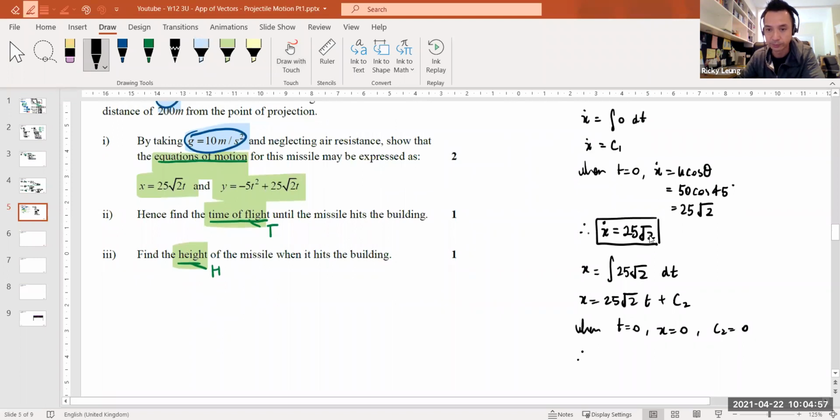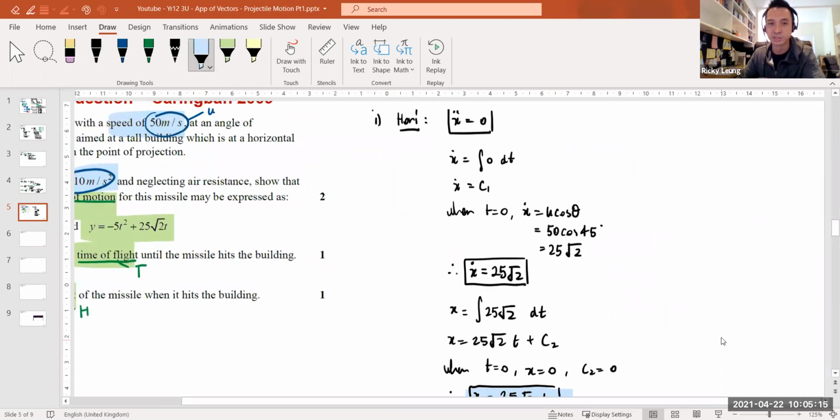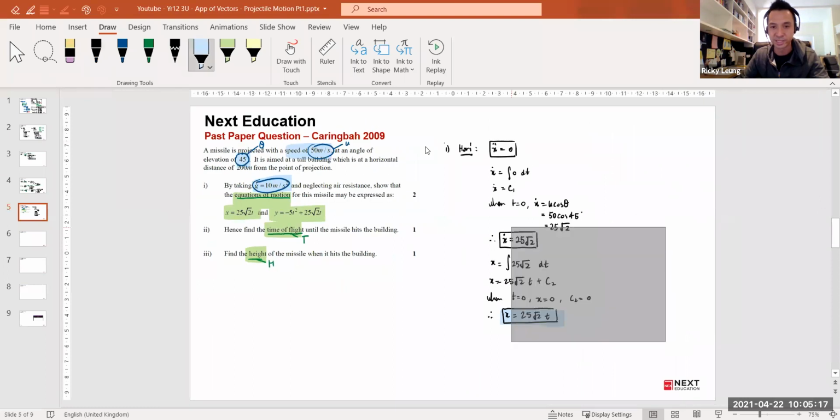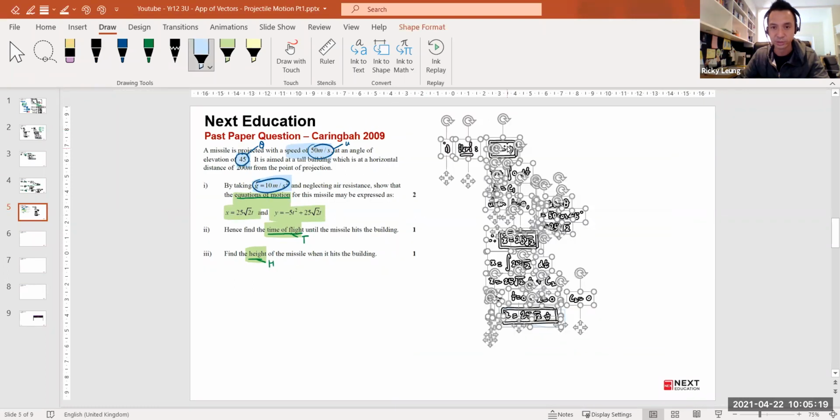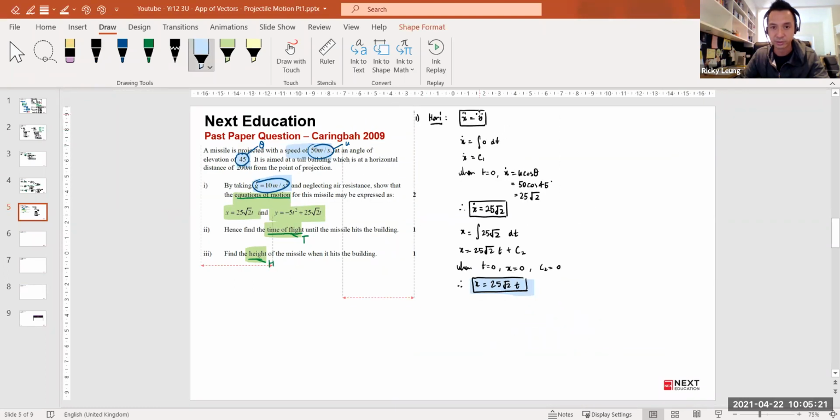So therefore, yep, x equals 25 root 2 t. Perfect. So I'm assuming in terms of marks, that's 1. It's a lot of work for 1 mark because it's only worth 2 marks, right? Now, it's because it's so textbook, right? It's a bit tedious, but because it's so textbook, it shouldn't be worth that many marks, I guess.